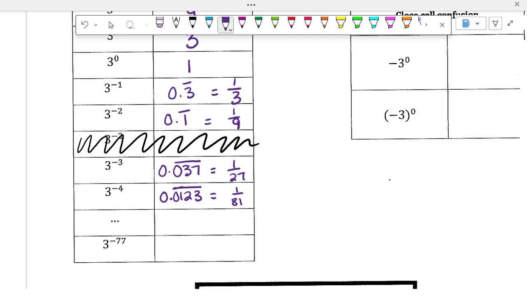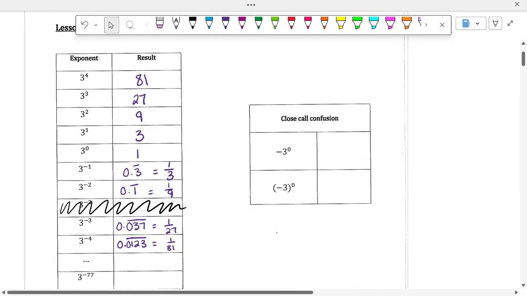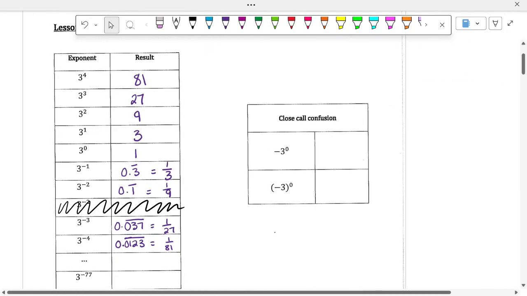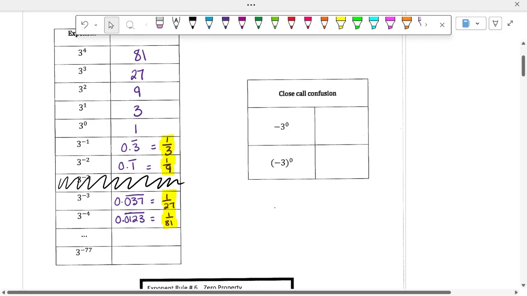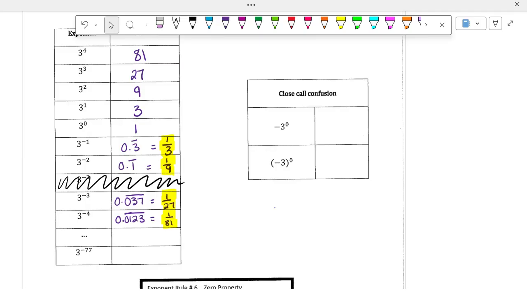All right, now, before we do 3 to the negative 77, because that's going to be a really small number, what do you kind of notice with the negative exponents? What's kind of going on? Specifically the fractions. So look specifically at the fractions. What's going on? What do you notice? Well, they're being multiplied by 3, which makes sense because we're talking about powers of 3.